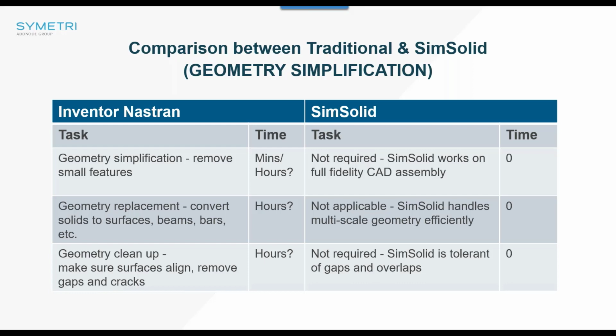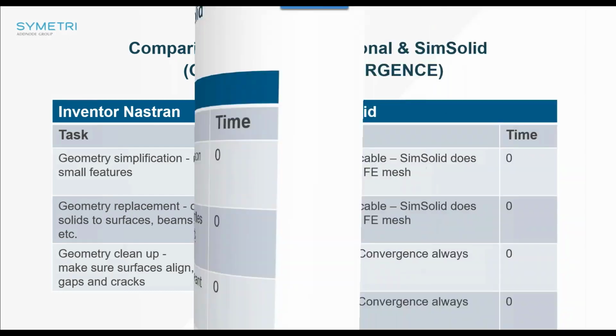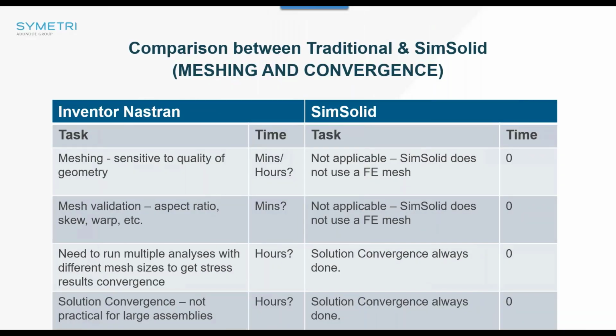Now, one of the advantages of SimSolid, as you'll see in a moment, is that we don't require any simplification whatsoever. It works directly on your CAD geometry, and it doesn't care about gaps and overlaps, which you'll see in a moment. The other main task inside traditional software like Nastran, ANSYS, or any other tools is that we can spend a fair amount of time on meshing.